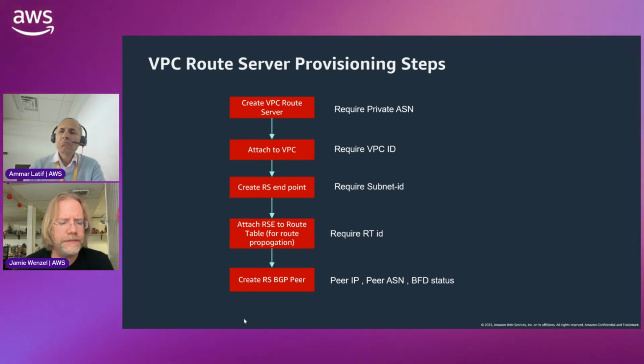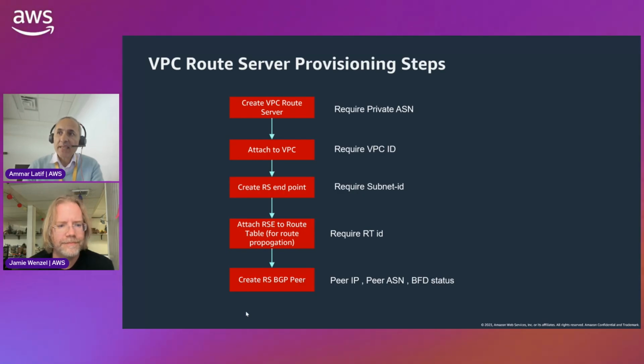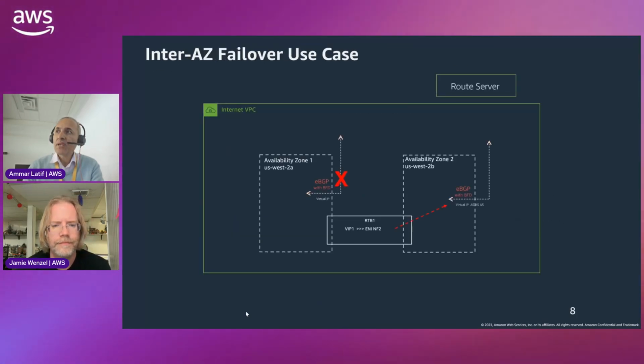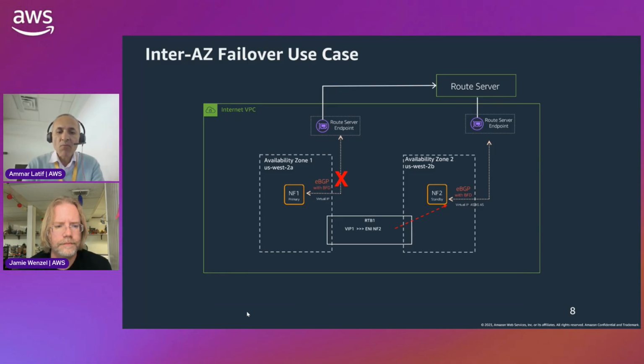What do you suggest? So as with everything in life, it depends. In this case, the route server is local to the VPC, so it's a VPC local construct. I wouldn't worry about it being unique.